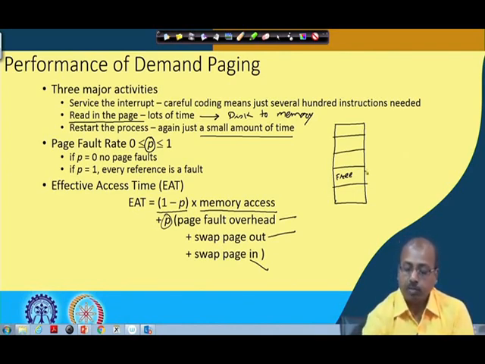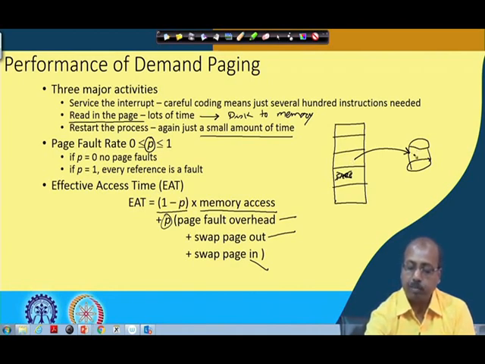In that case, we have to make some frame free. So, what can we do? If all the pages are occupied, we have to select one particular page and swap it out, writing it onto the swap space on the disk, and then this frame becomes free, and then we swap in the actual needed page here.